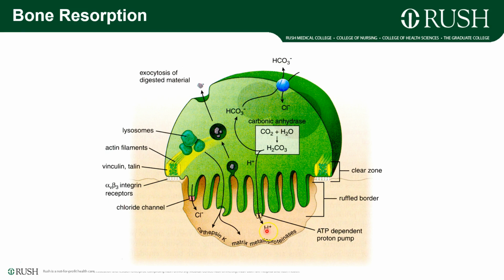So you have hydrogen ions here and chloride ions, so acidic environment in here is contained due to this clear zone, and that is what's causing the inorganic matrix to be degraded. But the organic matrix then is degraded by proteolytic enzymes like matrix metalloproteases, cathepsin K. The net result being that the organic and inorganic matrix is resorbed and then taken up by the cell and then expelled out from the other side. So it's like creating a little hole in the bone.